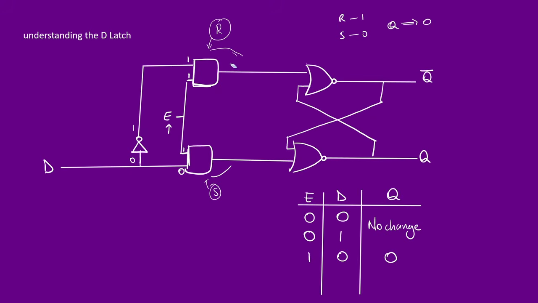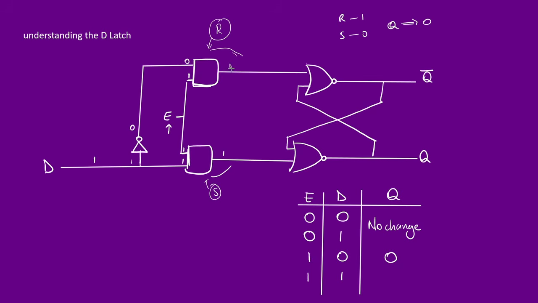The last combination is when enable stays high and my data signal is high. So that's enable high and data high. So this AND gate is going to be 1 and 1, so that's 1 outputted here. 1 comes here, gets inverted to 0.